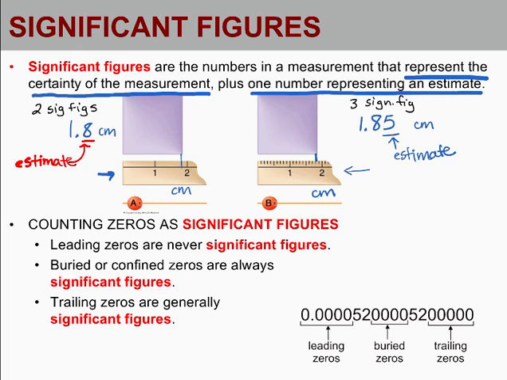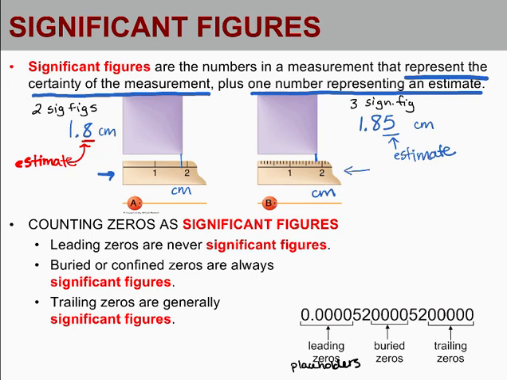Now, sometimes in measurements, we have zeros, and zeros can be a little bit tricky in terms of being significant or insignificant. So down below, we have some rules for determining whether zeros are significant or insignificant. So leading zeros, which can also be considered placeholders, those are never significant.